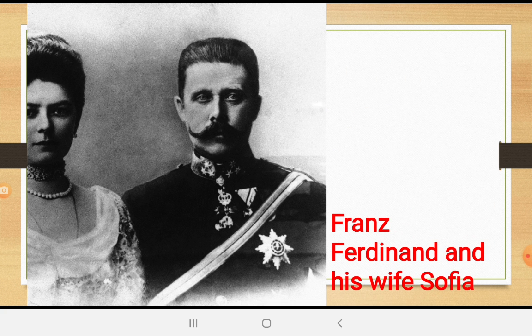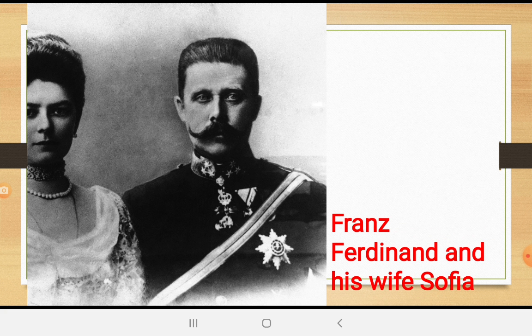Now, this is the picture of Franz Ferdinand and his wife Sophie. Those were heirs of the throne of Austria. After being killed, it marked the beginning of this First World War.